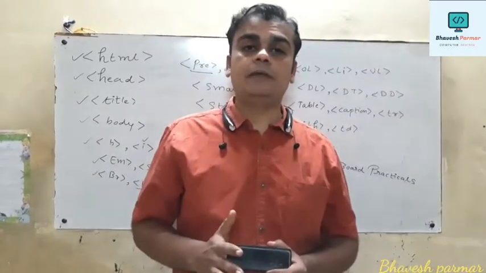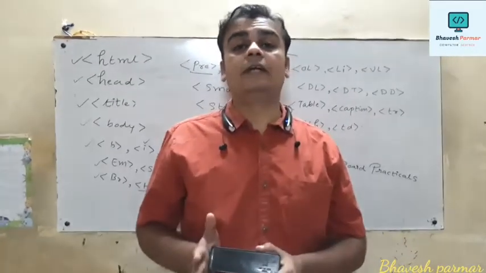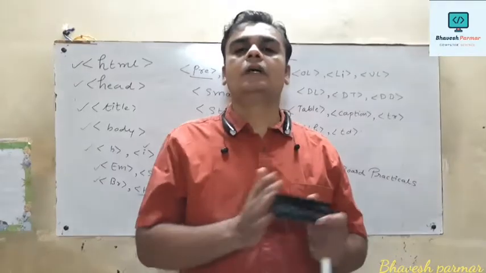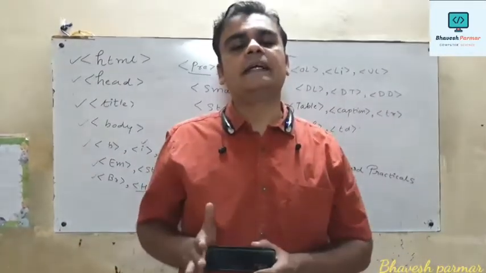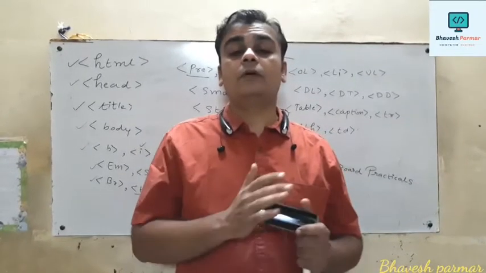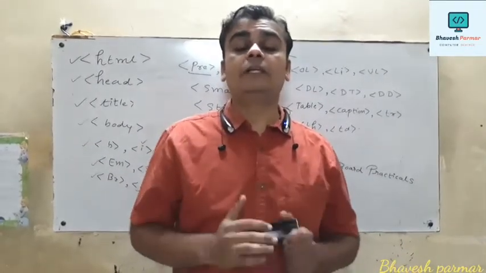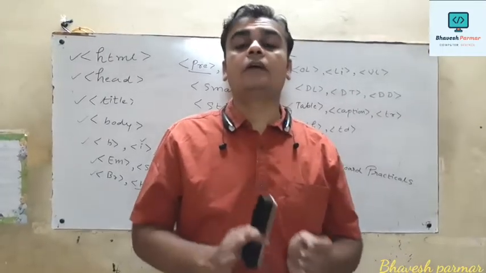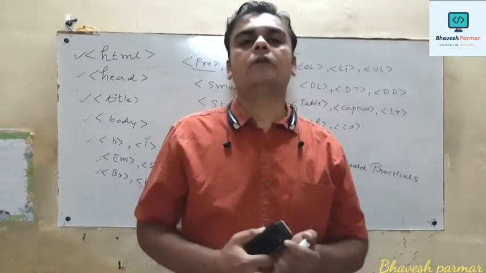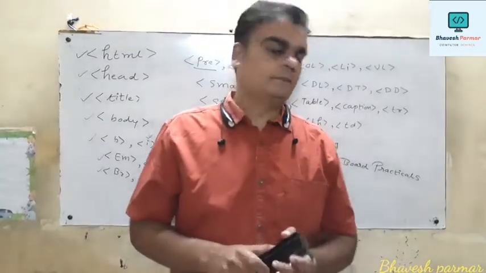What is the use of the align attribute? There are 3 possible values for the align attribute: left, right, or center. If I am not using the align attribute, then the given image will be displayed on the left side of your web page.